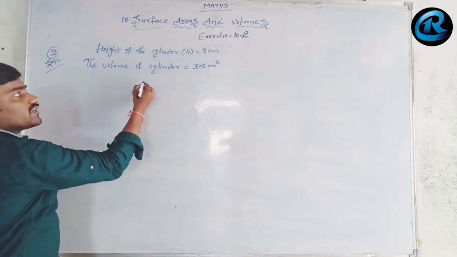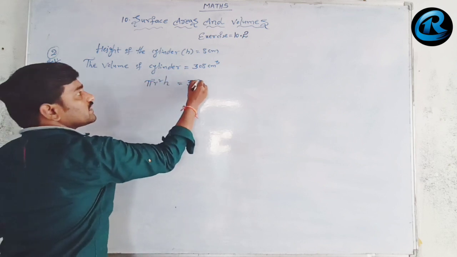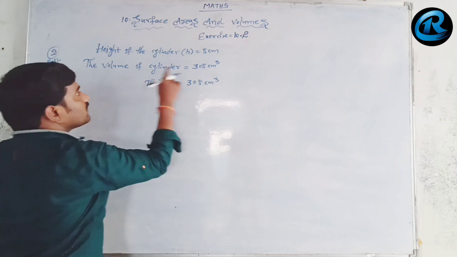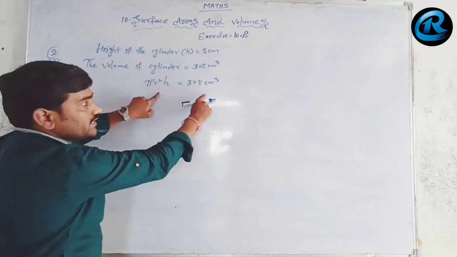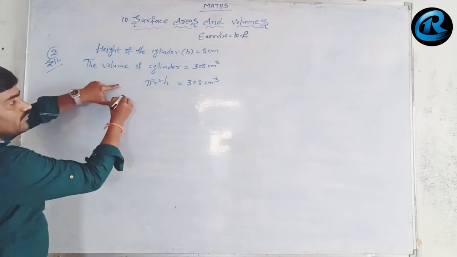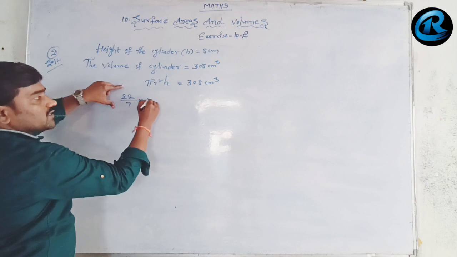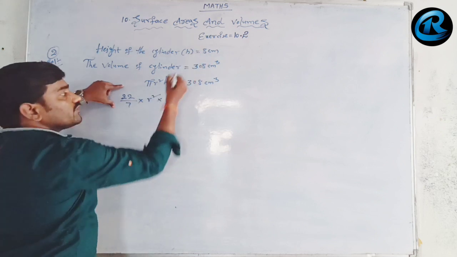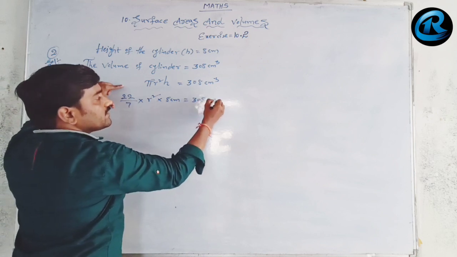The volume of the cylinder formula we know is pi r square h, and the volume is equal to 308 centimeter cube. Here the pi value we know is 22 by 7. The r value we don't know, so let us write r square. The h value we know, 8 centimeter, equals 308 centimeter cube.